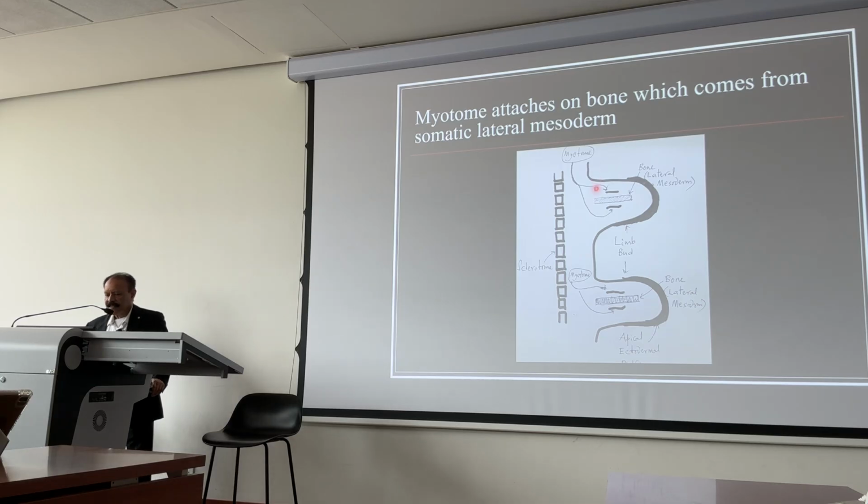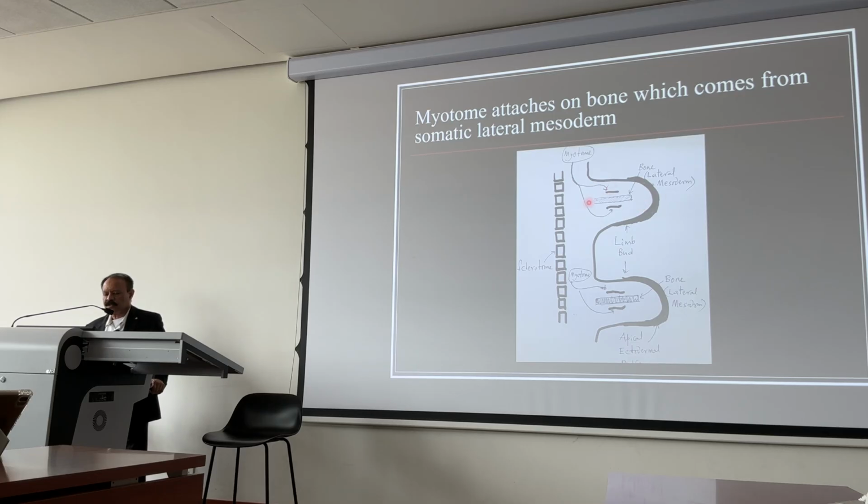And then you see the nerves are coming from the ectoderm, going to the muscle, to the myotome. This is the myotome, and this is the bone from the lateral mesoderm. And then they grow. Now it's more like a paddle, and then the plate will be there.